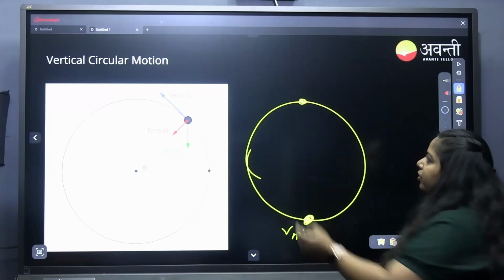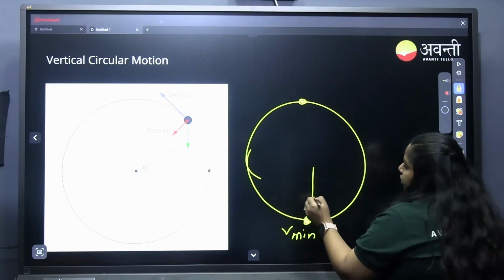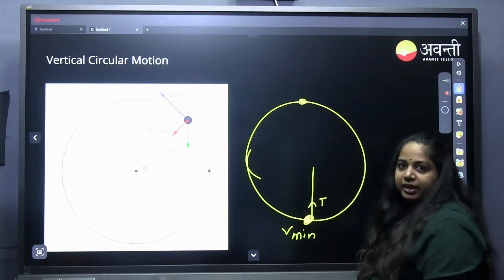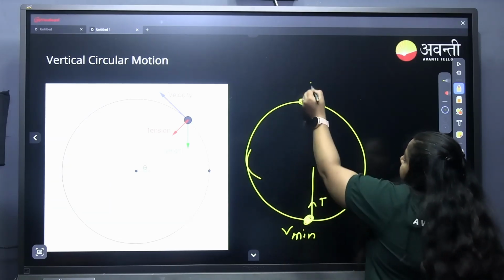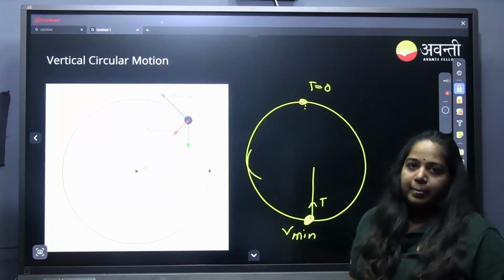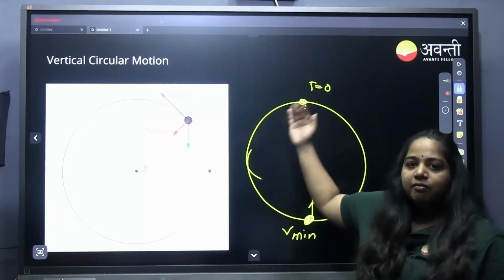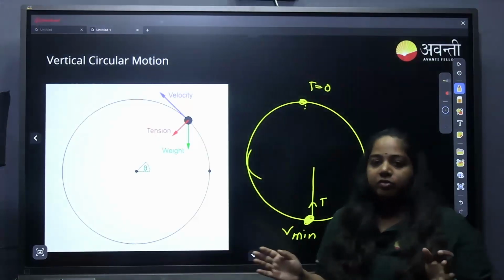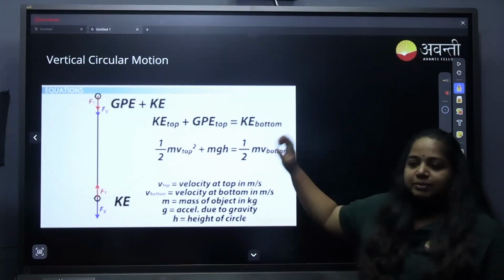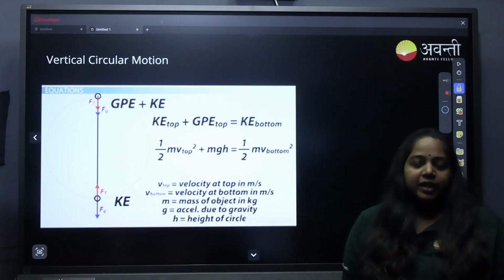Okay, so if we are rotating using a string, there will be tension acting on the string. At this point the minimum value of tension is 0. According to that we will derive and we will get a lot of values. And how we are doing the derivation is based on conservation of energy.